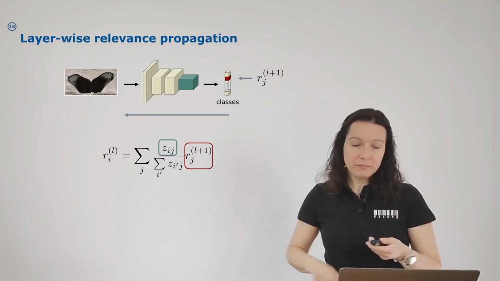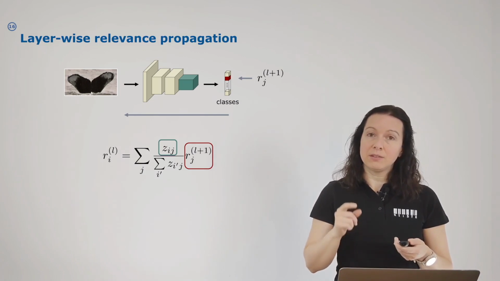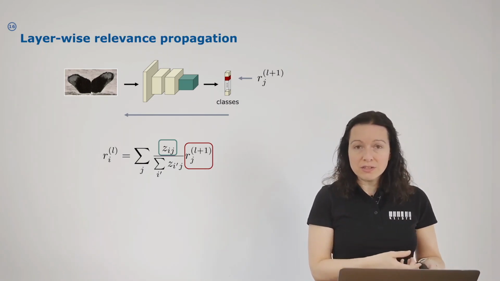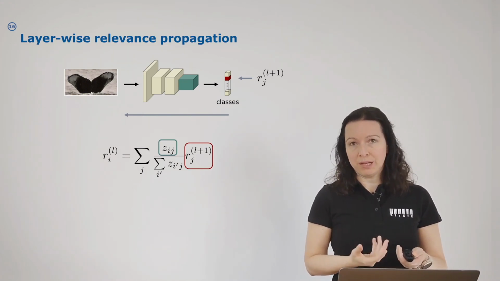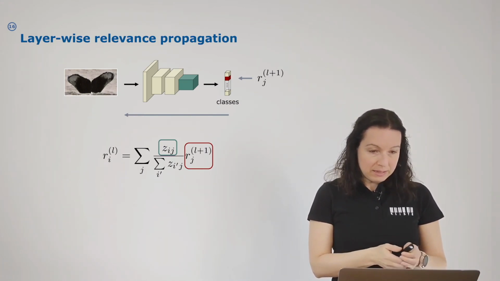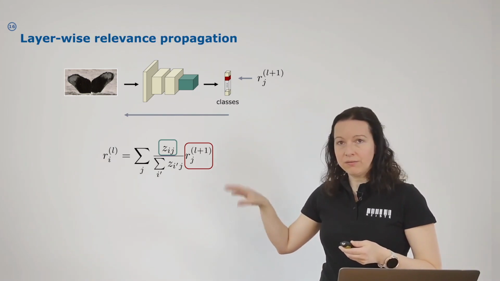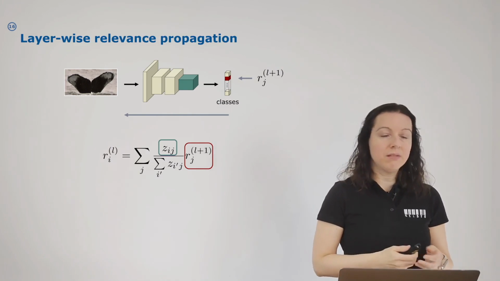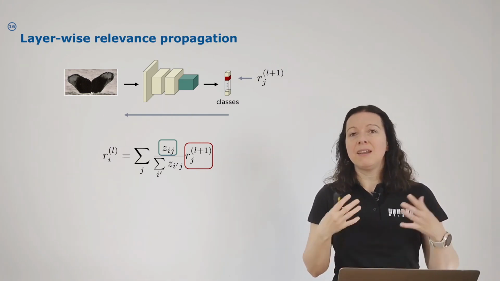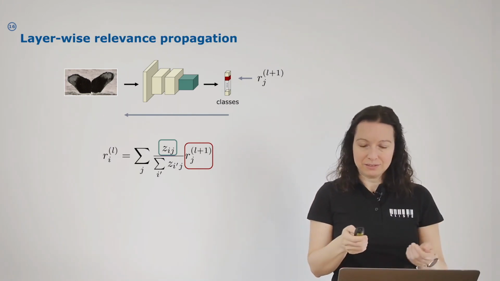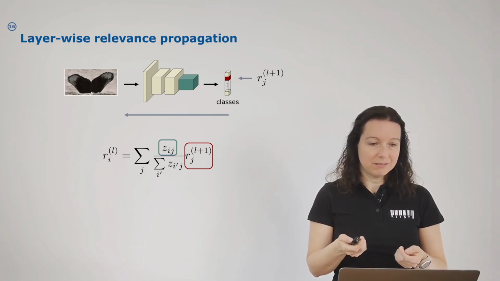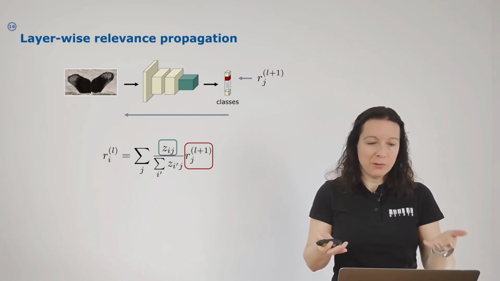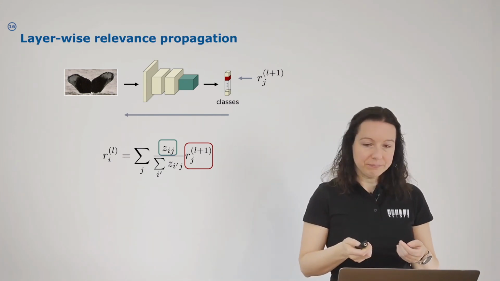And in general, Z depends on the functions used in the network, and with this, the propagation rules. So this is the very general main equation behind layer-wise relevance propagation, and then there are a lot of different specific techniques for how you can actually use this.